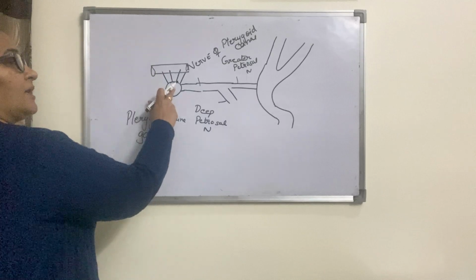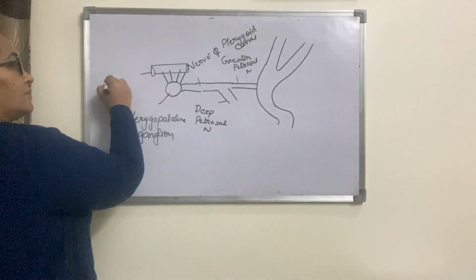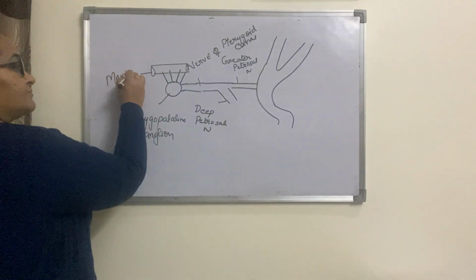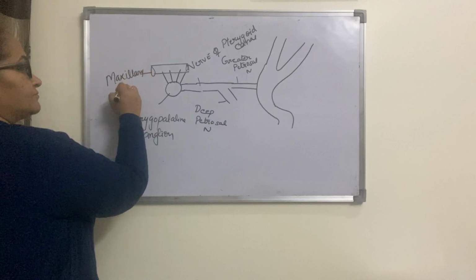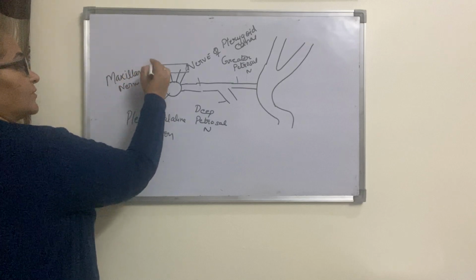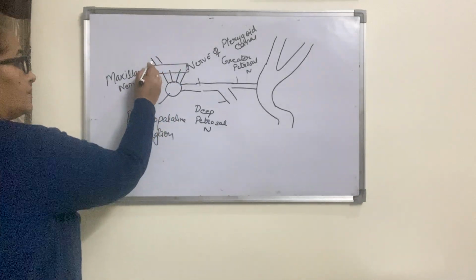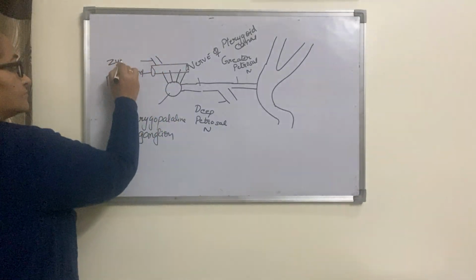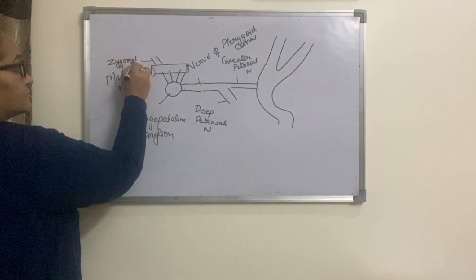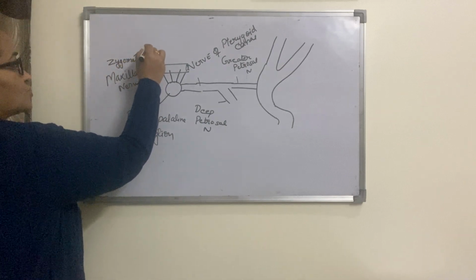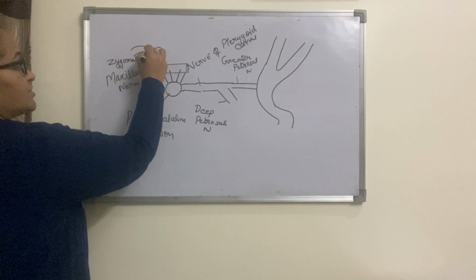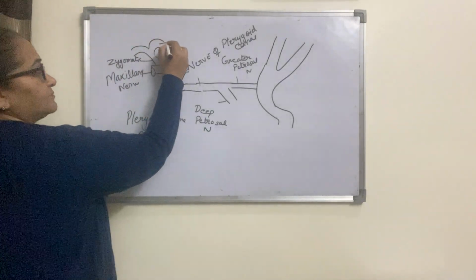Now this pterygopalatine ganglion is just hanging with the maxillary nerve. Now this maxillary nerve has one branch, that is zygomatic nerve, which has two divisions, zygomaticofacial and zygomaticotemporal.